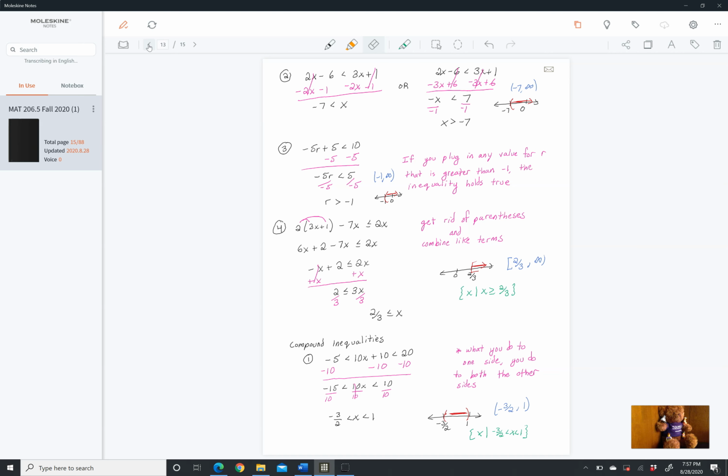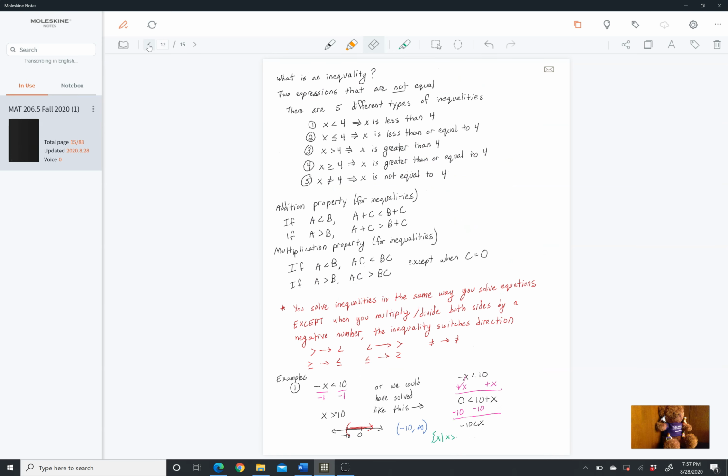If we go to the third one, okay, here we're going to write an r because that's our variable. And we would just write r is greater than -1. Here we have x such that x is greater than -7. And in the first problem that we did, we would write it as x such that x is greater than -10.